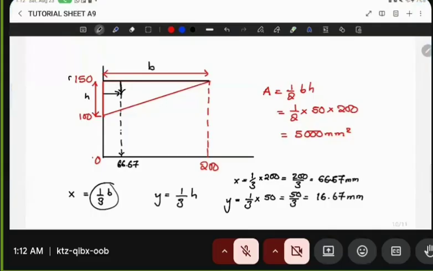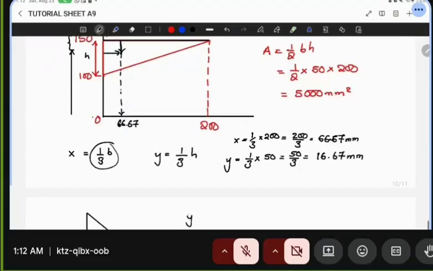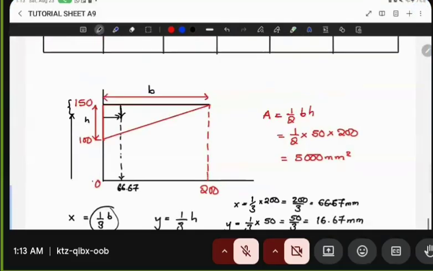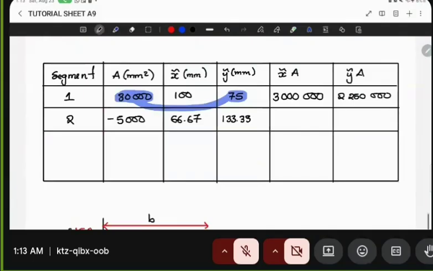So if this part up to here is 16.67, y tilde has to be measured from the x-axis going upwards up to that point. So how are we going to get y tilde? 150 minus 16.67. What do we get? 133.33. That becomes our y tilde. Then we multiply again.